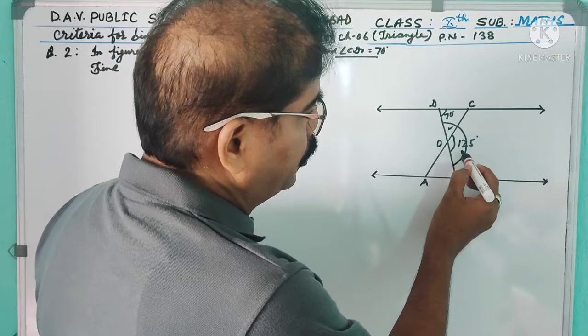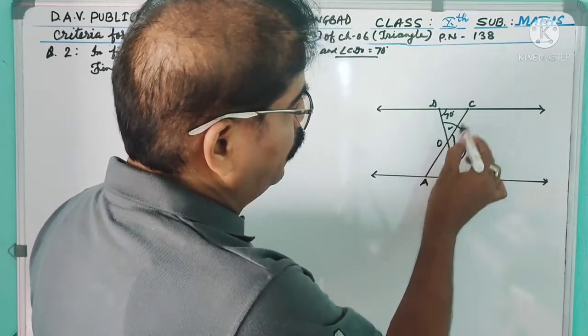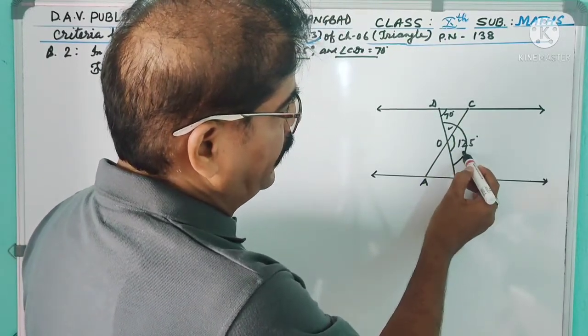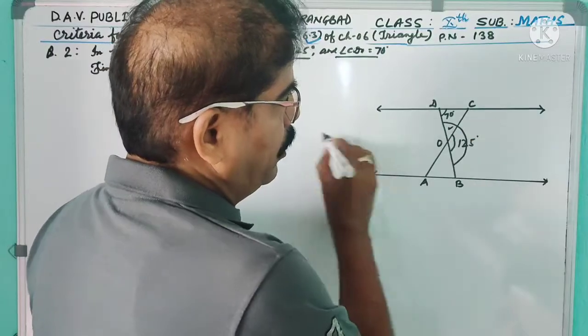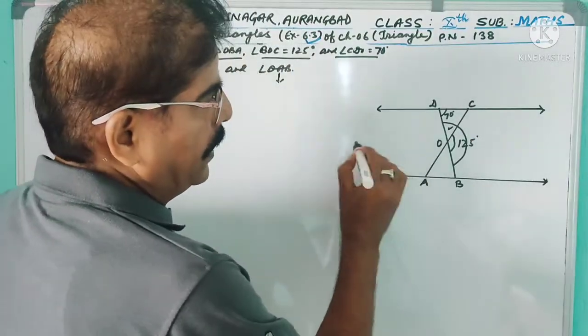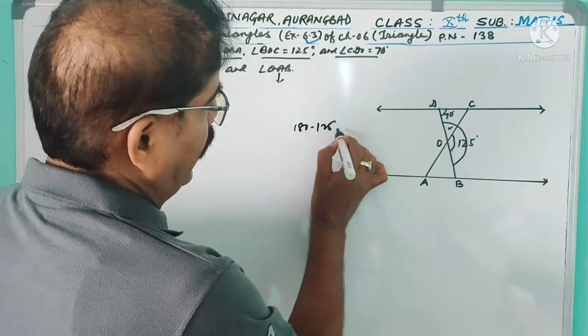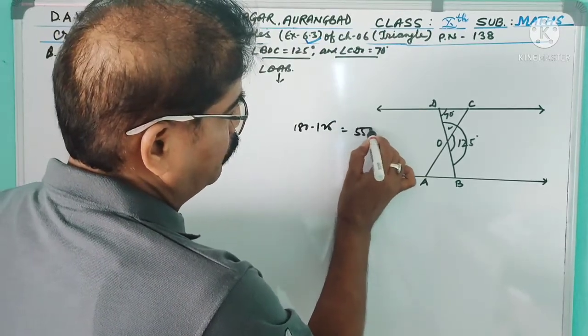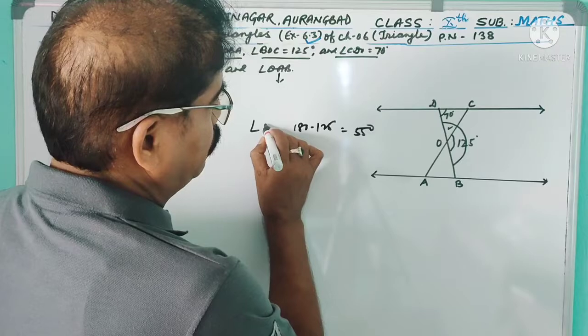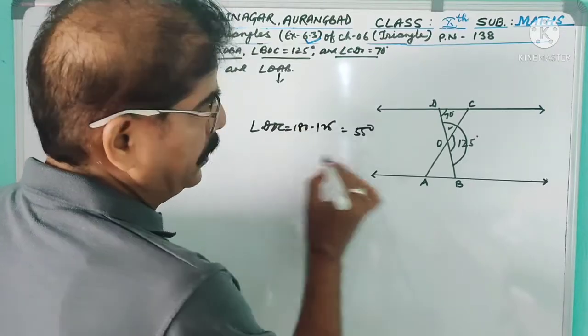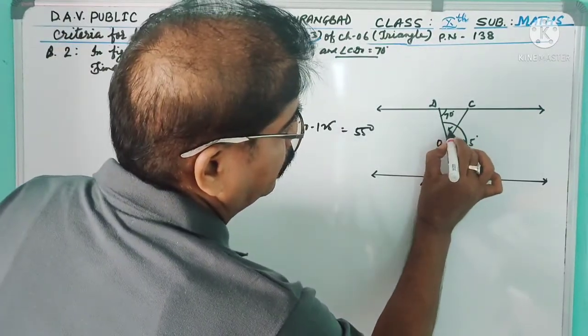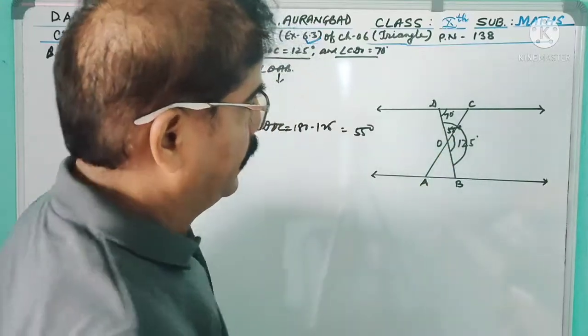So BOC is 125, so DOC equal to 180 minus 125, that means 55 degrees. This angle DOC is 55 degrees.